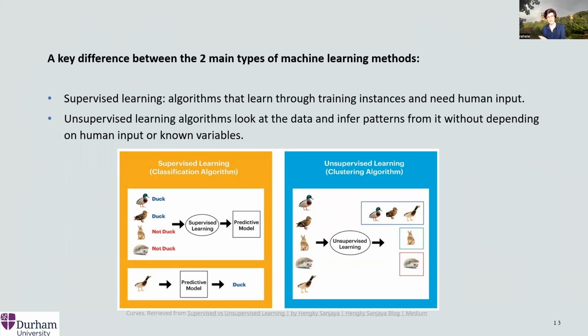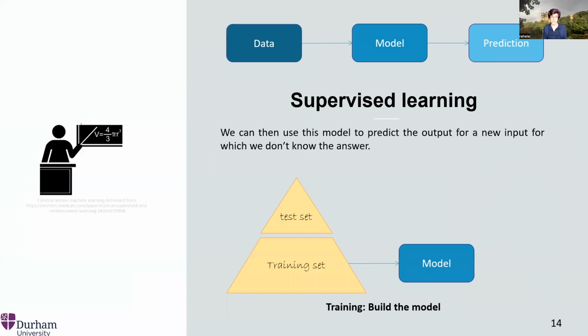But on the other hand, in unsupervised algorithms, the algorithm looks at the data and infers the pattern, and we don't need to provide the known labels. So depending on our application, we should decide which one to use. If we use a supervised learning algorithm, we should separate our data into a training and test set, and we may have a validation set in between.